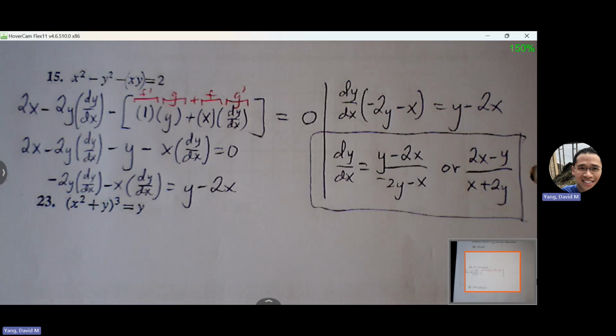I do want to point something out. Sometimes students want to collect the dy dx on the right side, which is perfectly fine. Either of these are fine. They're just the signs look a little bit different. But what I do want to point out is that let's say you got to your version, and then your answer choice is, let's say it's multiple choice, and you're on the AP exam, it's not showing this option.